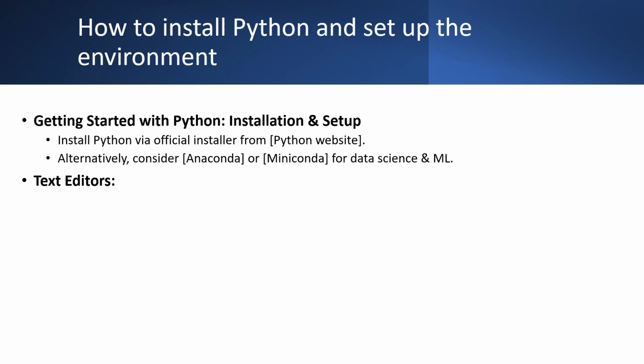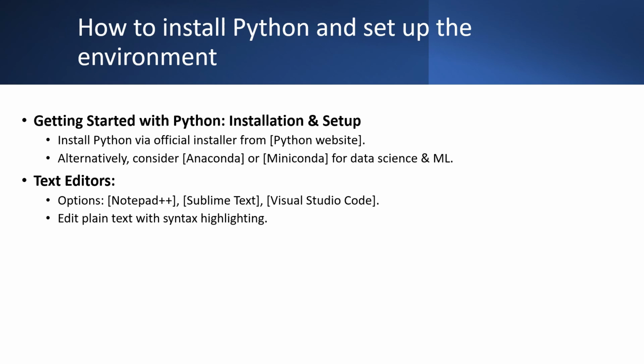After installing Python, you need to set up your environment for writing and running Python code. There are different options for this as well. You can use a text editor such as Notepad++, Sublime Text, or Visual Studio Code, which are programs that allow you to edit plain text files with syntax highlighting and other features.